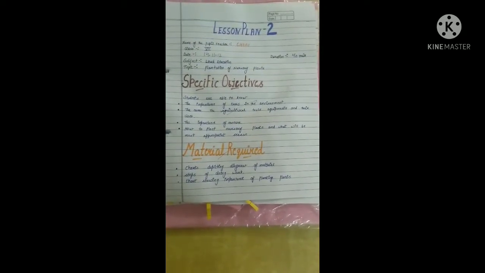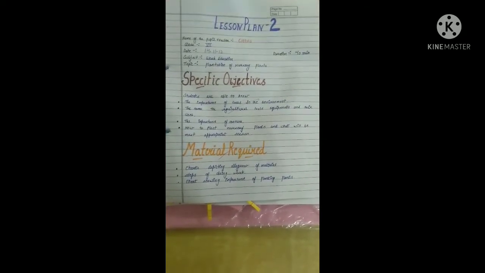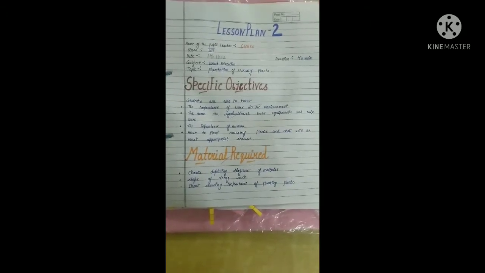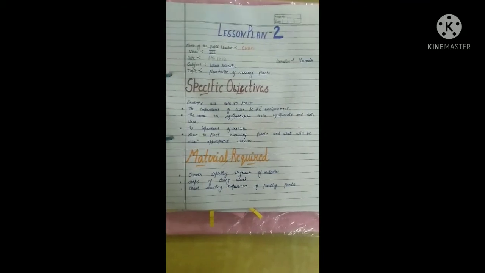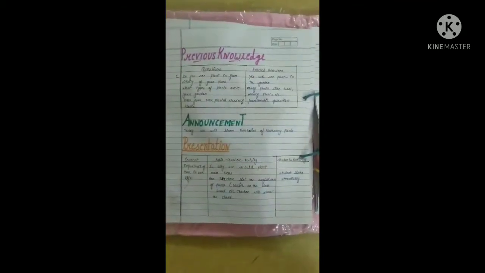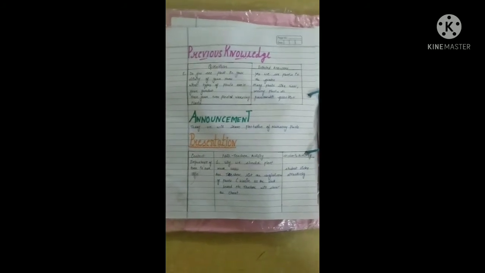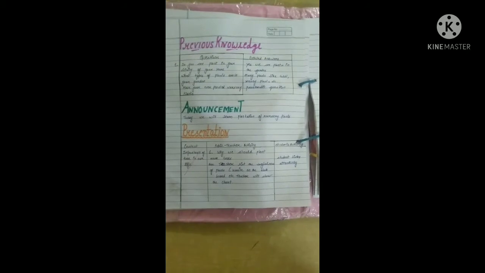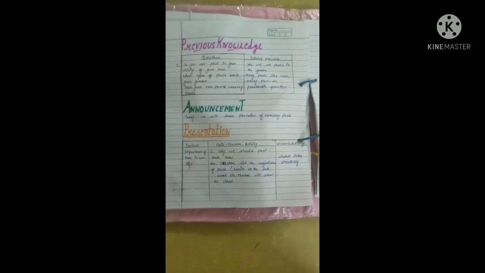After specific objectives, we need to write material required, like charts depicting diagram of material, steps of doing work, and a chart showing the importance of planting plants. After that, we need to write previous knowledge, and after previous knowledge, announcement. And after that, we need to write presentation.